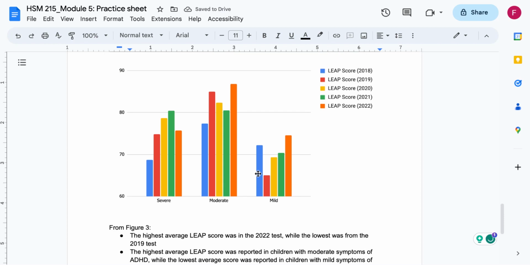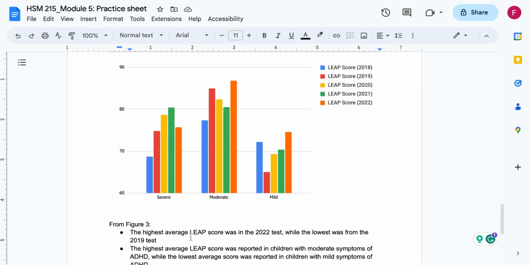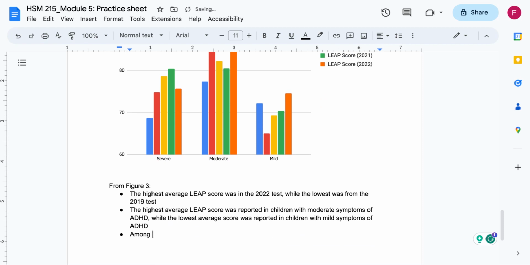This is the information that we have. There are so many things that we can put here. So let's look at this set of bars and say among children with severe symptoms of ADHD, the lowest average LEAP score was from the 2018 tests.